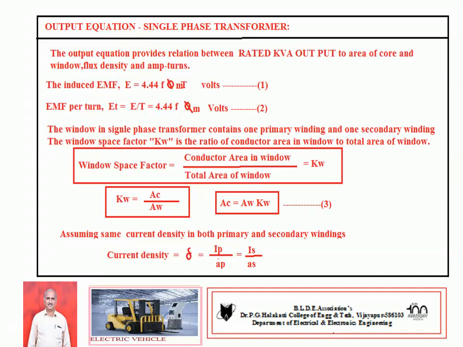So, the current density of the primary winding is IP by AP. IP is the primary current, AP is the conductor area, in amperes per millimeter square. Similarly, the current density of the secondary winding is IS divided by AS. IS is the secondary current, AS is the cross sectional area. Both are equal.